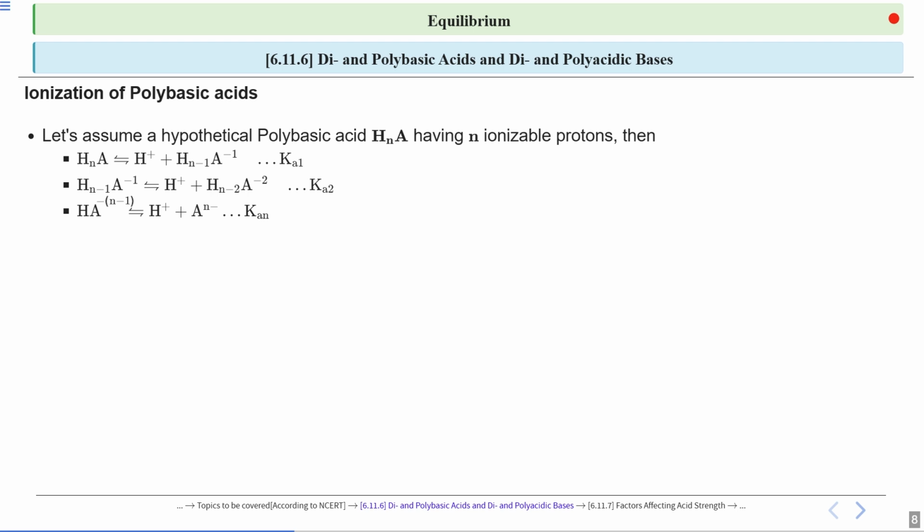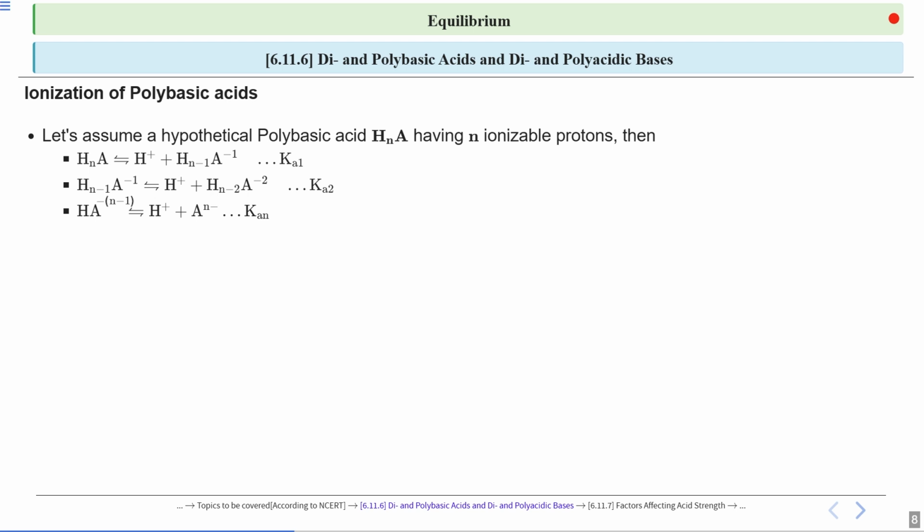Moving on further, we can remove the last proton and we can finally get a power of n minus on the A, right? And in this case, we are representing the ionization constant as Kan. Is it clear?